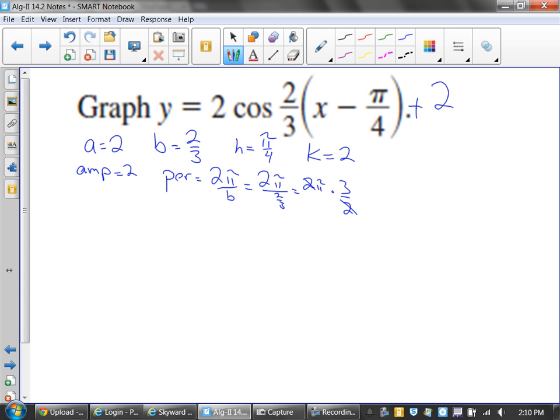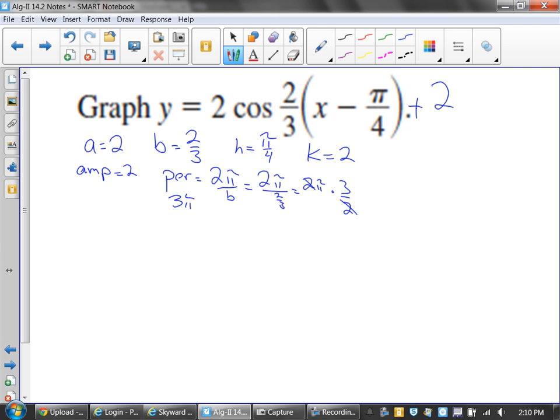Whenever you have a fractional b value, you can just multiply by the reciprocal. There's nothing wrong with that. It works. So that gives you a period of 3 pi.